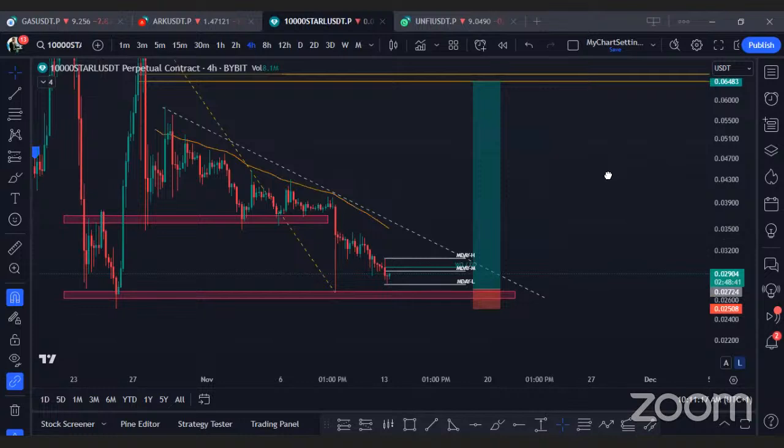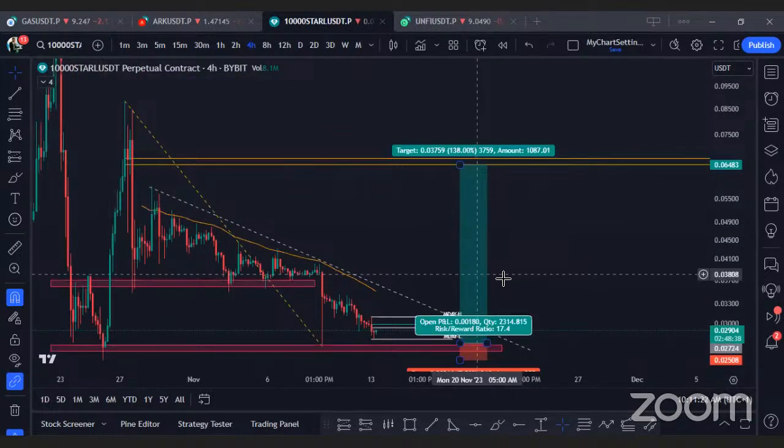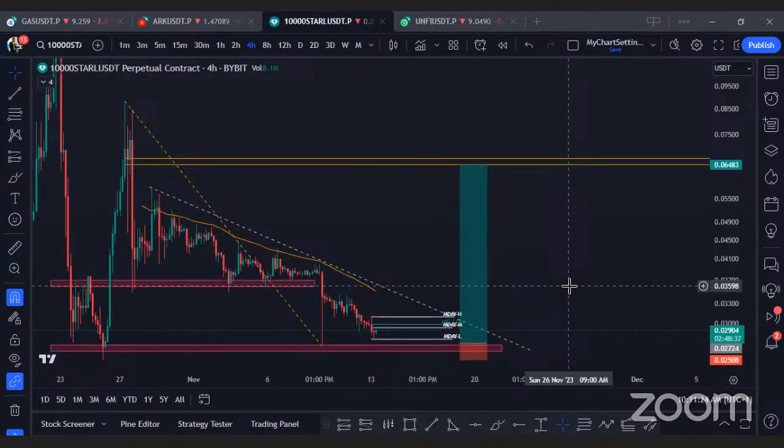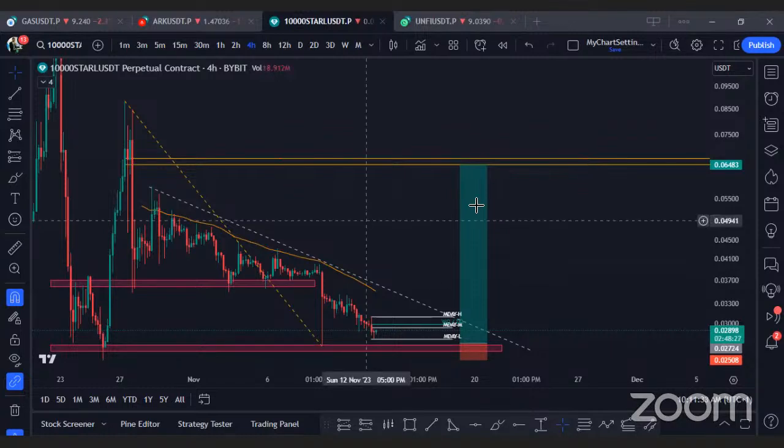Okay, this is a good risk reward ratio, if this plays out, right? If you get this and then maybe we'll move up there again, that could be massive for Starlink.